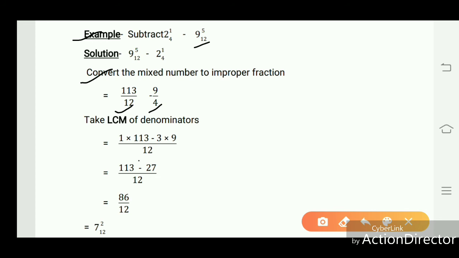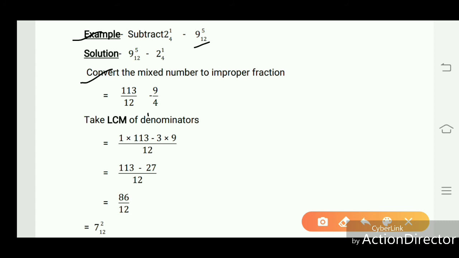So we take LCM 12 here, and 12 divides 12 one time, and after that multiply by numerator 113. Minus 4 divides 12 in 3 times, and write numerator as it is, 9.